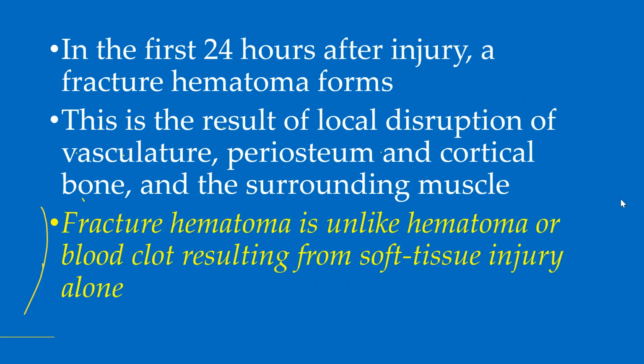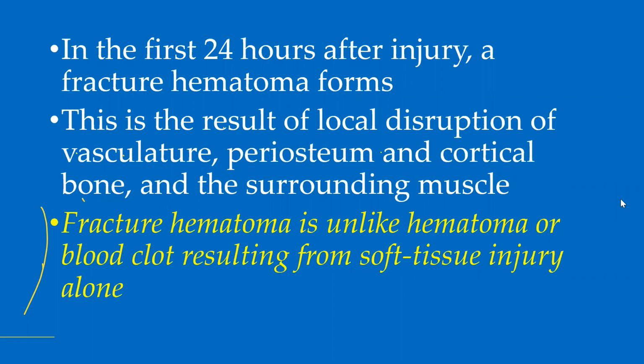Fracture hematoma, as I mentioned, and this I want you to keep in mind, is unlike hematoma or blood clot resulting from soft tissue injury alone. Please don't forget this. The hematoma from a fracture is different than a hematoma from a soft tissue injury.